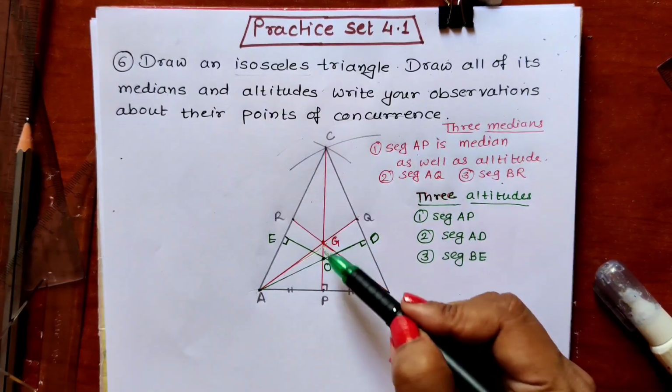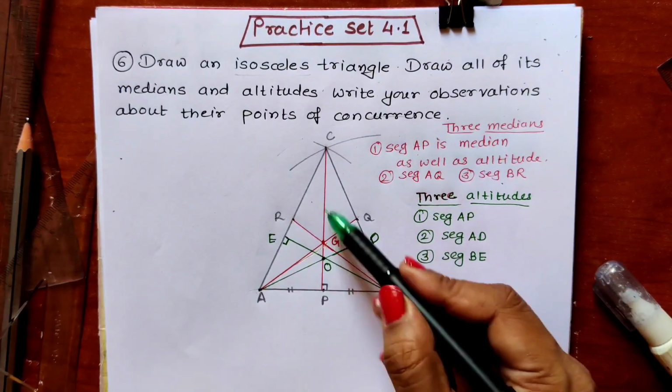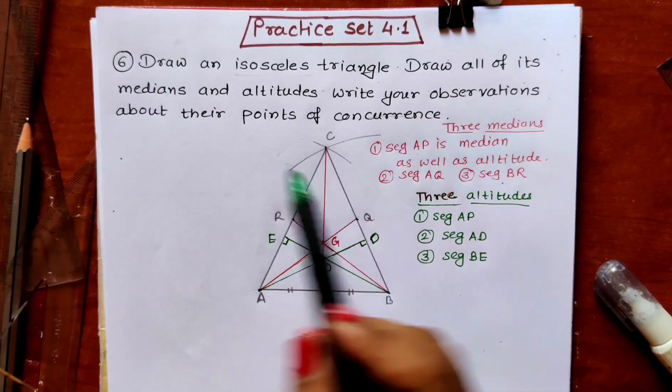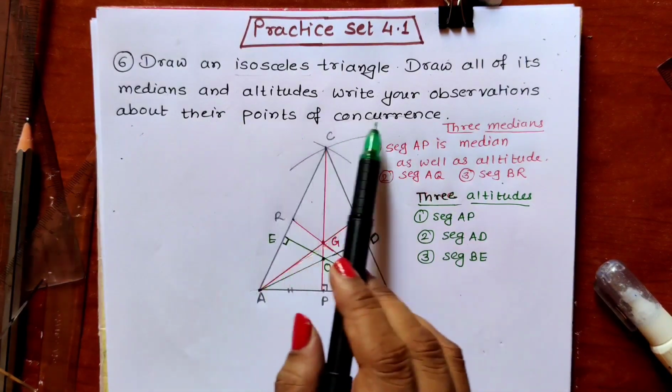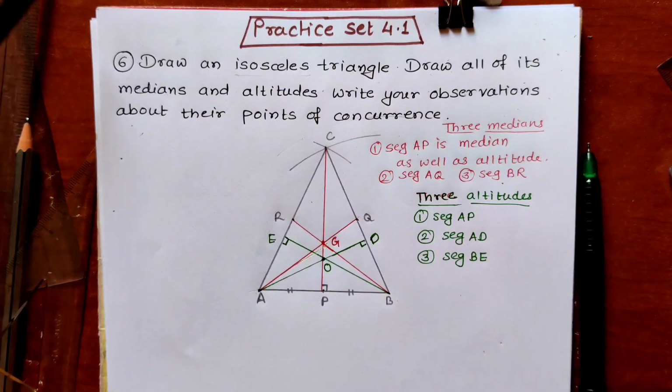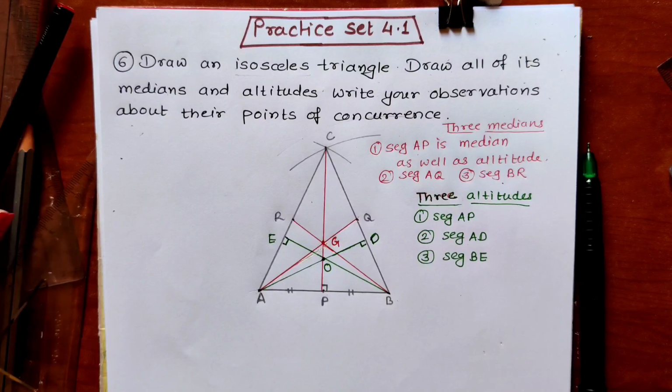Now the centroid G and orthocenter O are on the same line, that is our observation regarding their points of concurrence. So we will be writing the observation.